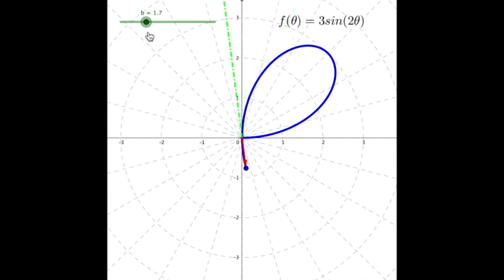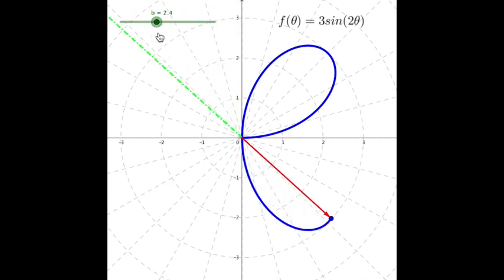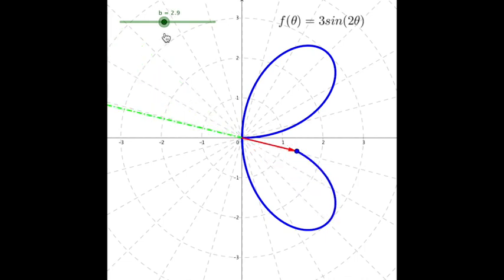Now, I've changed the color of the radius here because now the terminal side is in the second quadrant, but my radius being negative has to go the opposite direction. So it's plotting on the opposite side of the terminal side of the angle. And we get this other shape in the fourth quadrant when we would expect it to be in the second.